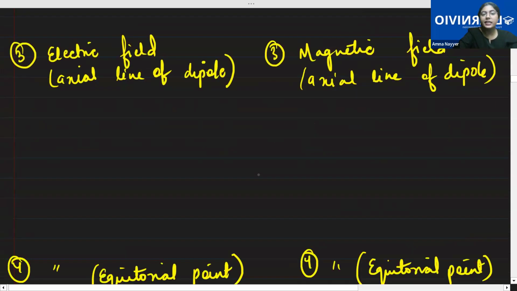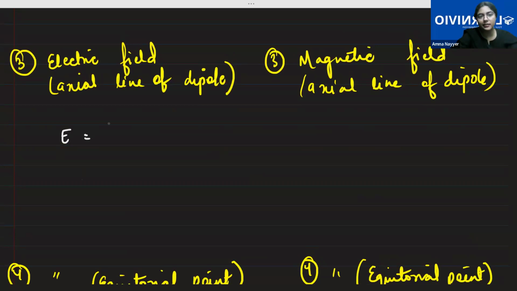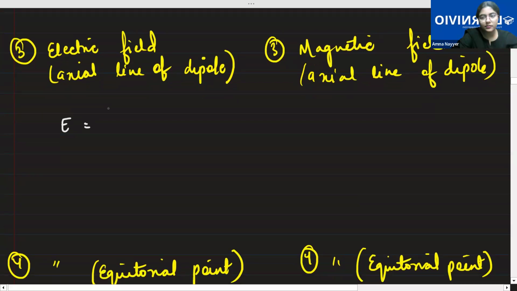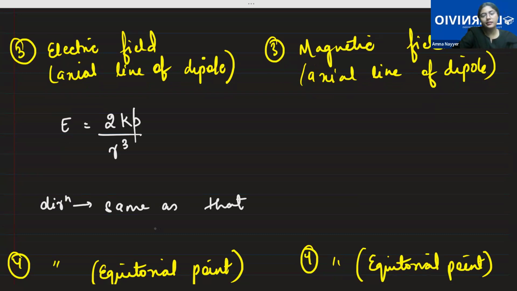Then we have electric field on the axial line. What's the formula for electric field on the axial line? 2kp by r cube. And direction is same as that of electric field. Then we talk about the magnetic dipole. Just write the same analogous form.